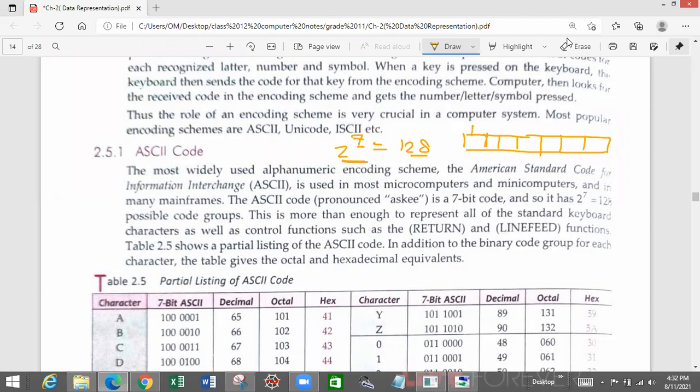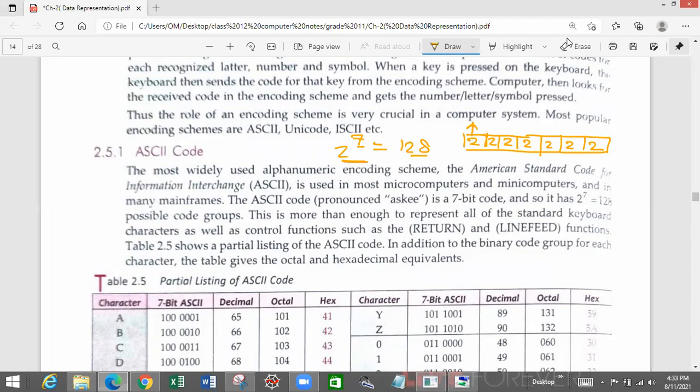Now for this particular bit, either I can put a 0 here or I can put a 1. There are no other choices. So I have 2 choices for this bit. Similarly, for every one of the 7 bits, we have only 2 options to choose from: a 0 or a 1.